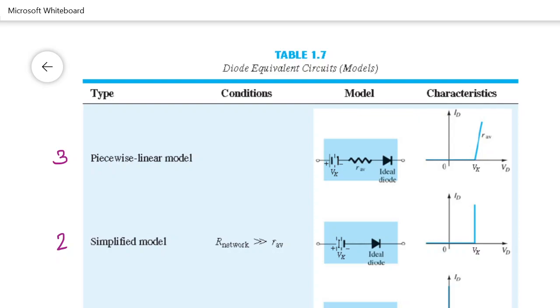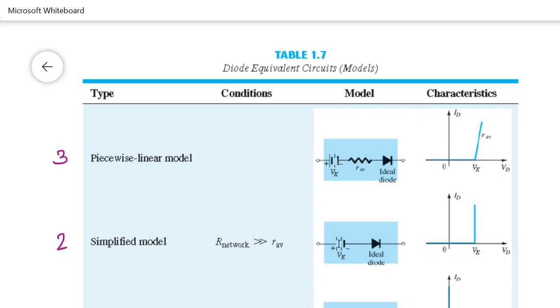As well as that, the voltage coming from the E network is much greater than the knee voltage, and you know the knee voltage is 0.7 volt. So unless the voltage from the network is in the range of 1 or 2 volts, if it is much more than that, even more than 5 volts, you can consider this diode to be an ideal device.